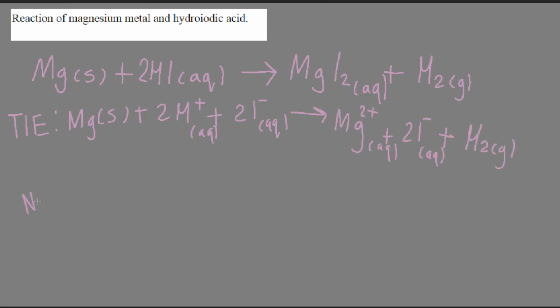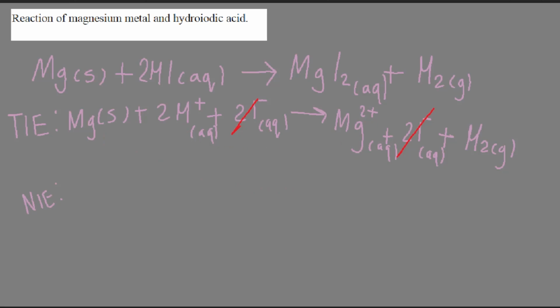Now let's do our net ionic equation. So we have 2I and 2I here, so we can cancel them. What else is common? Well, there's hydrogen as a gas, which doesn't match with this, and there's magnesium as a solid, which doesn't match with this.